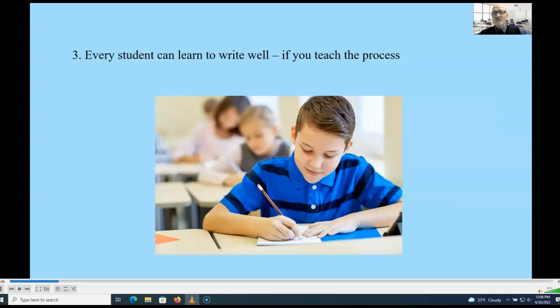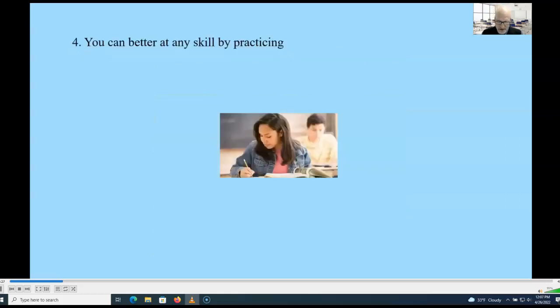We teach the process of how to generate ideas, how to organize ideas, how to revise ideas, the how, not just the what, but the how. And that's what the process is. We are teaching the how. And you'll see this come up time and again today.